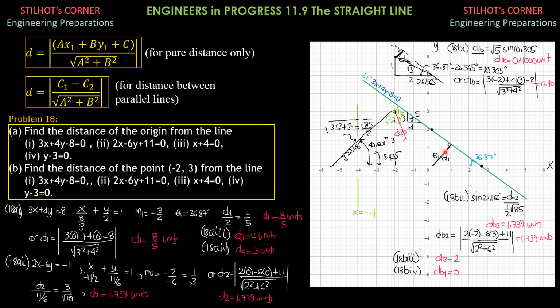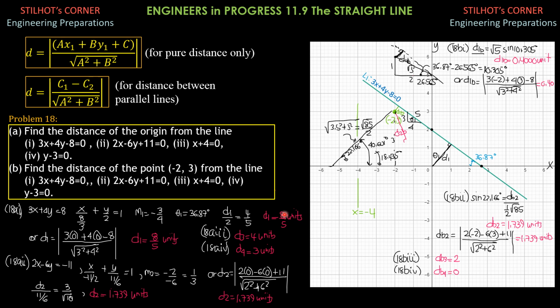So let's define cosine theta 1. Cosine theta 1 is distance 1 over the hypotenuse, which is 2, the y-intercept. So that's the slope, and this is the angle theta 1 for the calculations. So cosine theta 1 is distance 1 adjacent over hypotenuse 2. And in this triangle, it is also 4 over 5. Cosine theta 1 is 4 over 5.